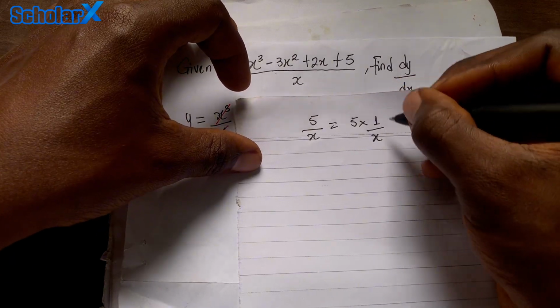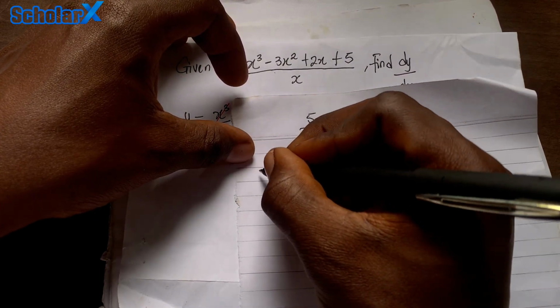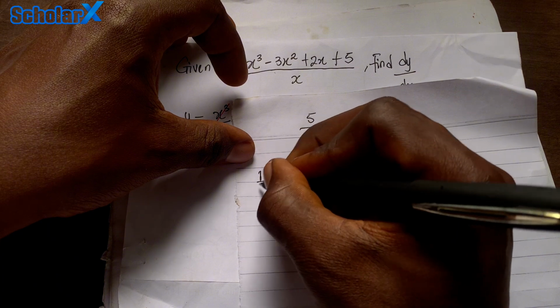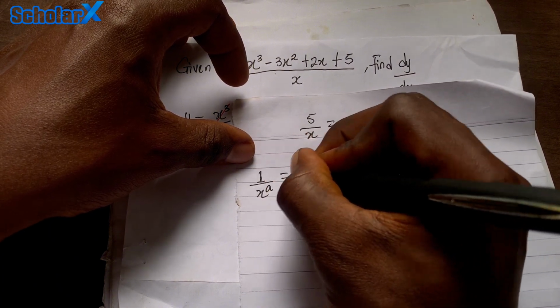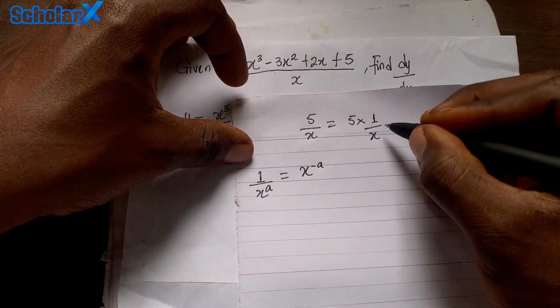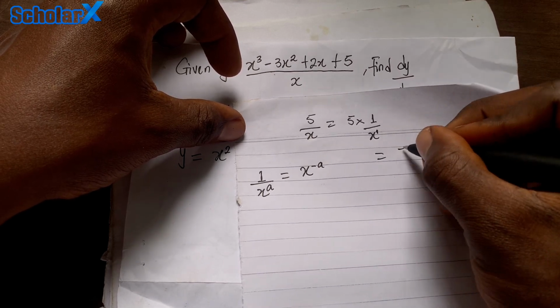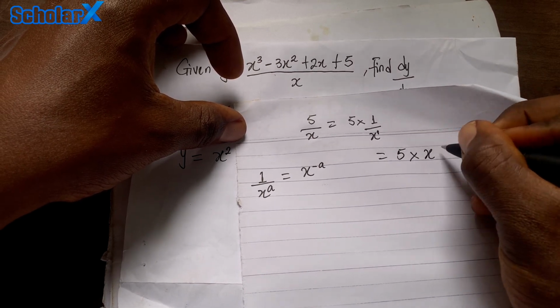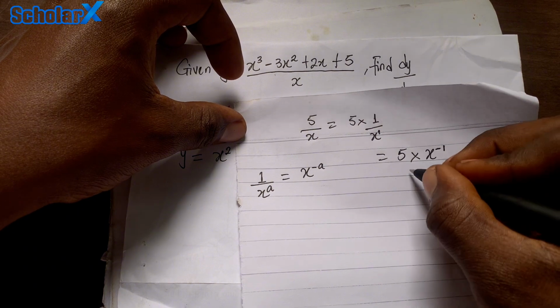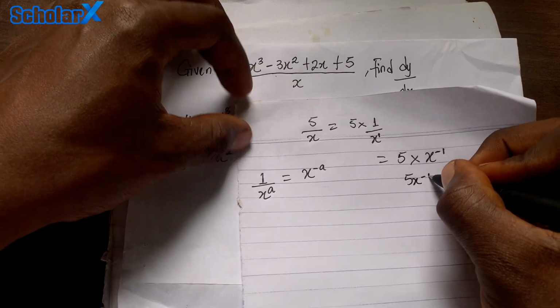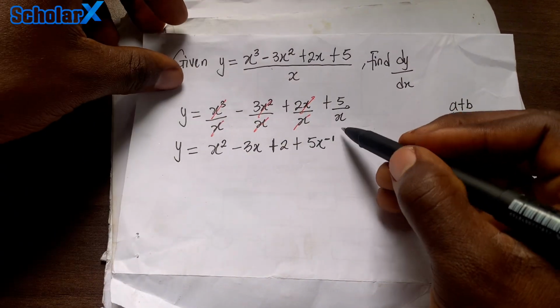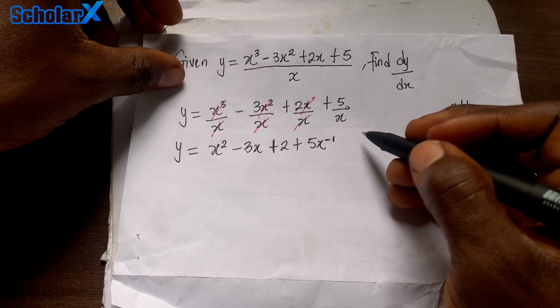And 1 over x can also be written as, according to the law of indices, 1 over x to the power of a can be written as x to the power of minus a. So the power of x here is 1, so this can be written as 5 times x to the power of minus 1. So this 5 over x can be written as 5x to the power of minus 1.